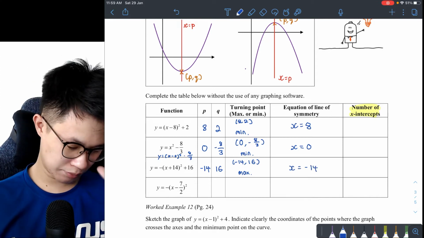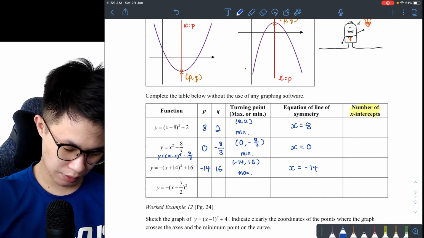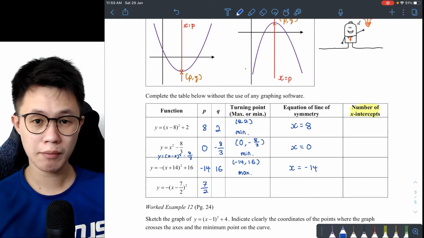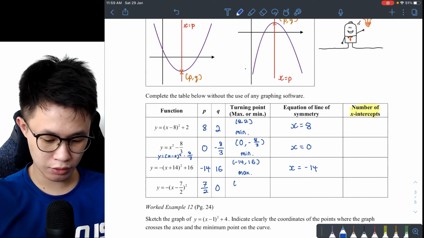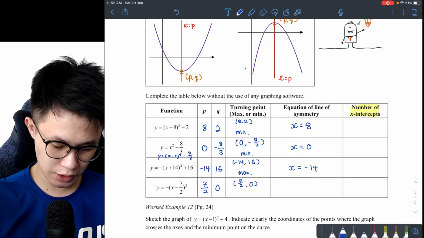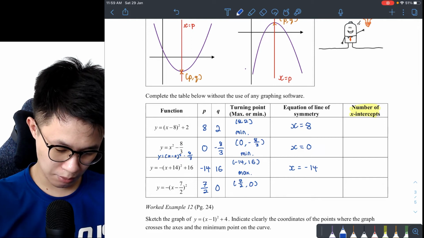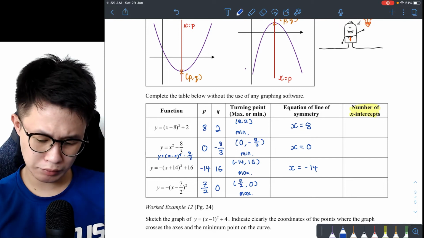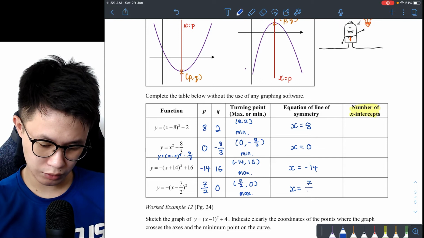Next we have this one where your p is 7 over 2, and your q is just an invisible 0, and hence your turning point would be (7 over 2, 0). Last but not least, this would be a maximum point as well, and the line of symmetry is x equals 7 over 2.